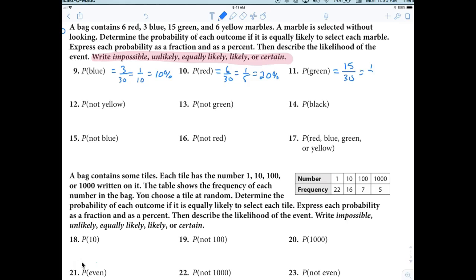And then you're right. And then, beautiful. Easy enough. Okay, Avery, the probability of not getting a yellow. Yeah, 24 over 30, so let's write that down. Hold on. And then what? Reduce it for me.